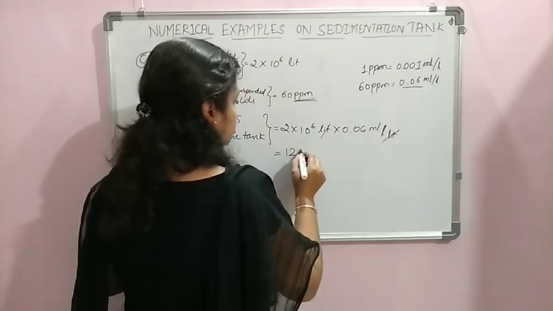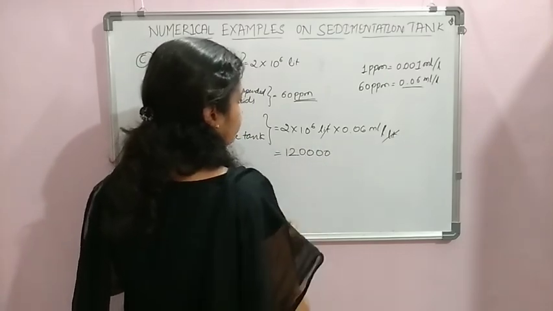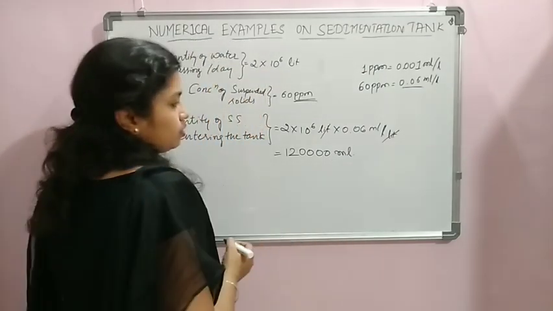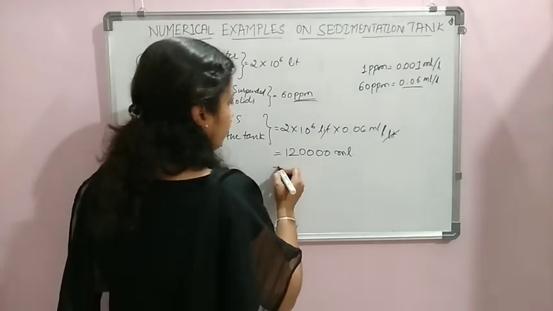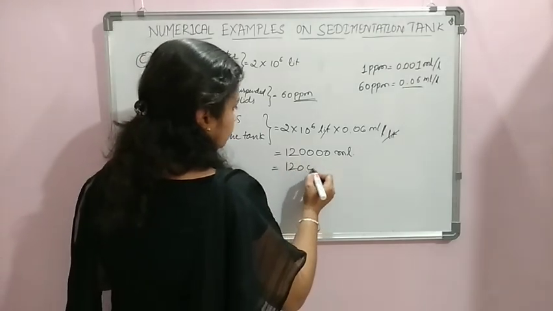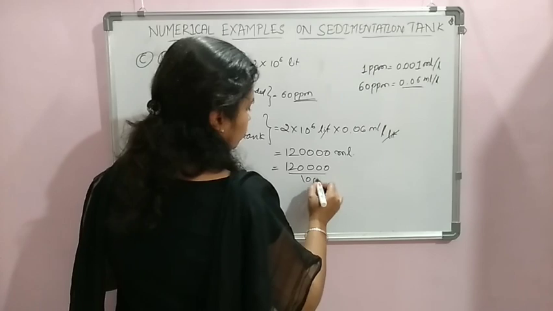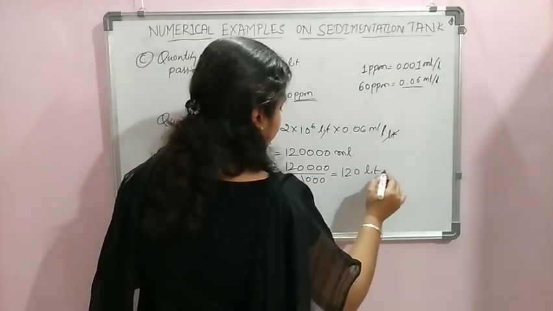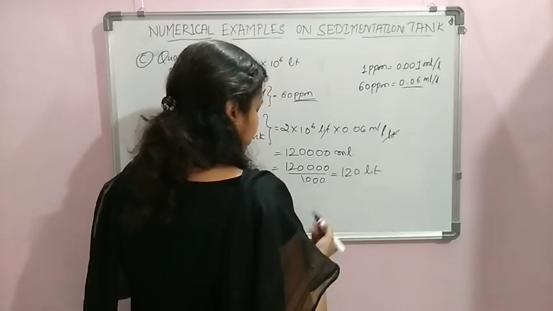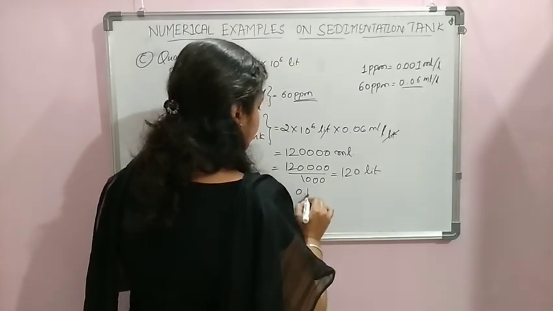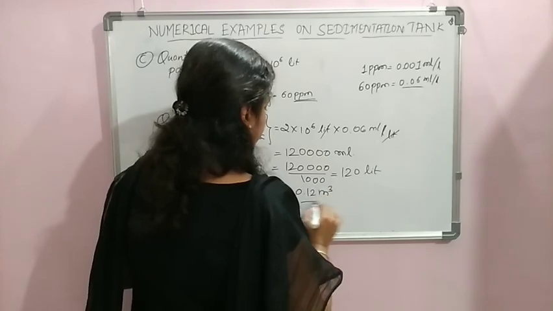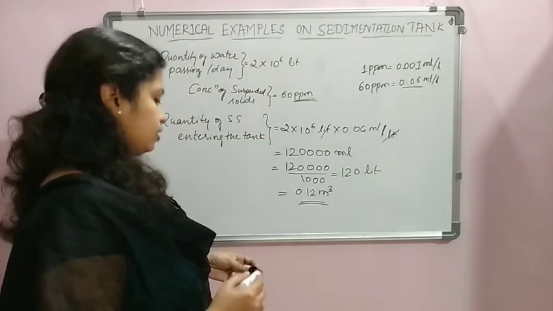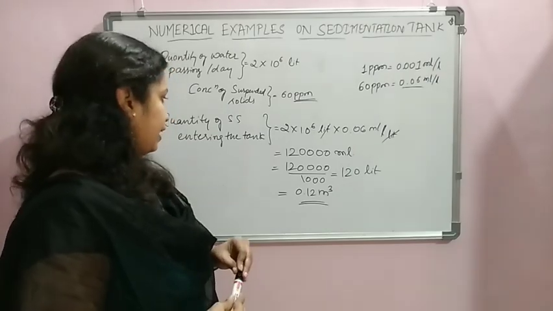The answer is supposed to be 12 into 10 raised to 4, and what is left is ml. If you divide it by 1000, the answer is supposed to be 120 liters. Let us divide it by 10 raised to 3 or 1000 again. So we will be getting it as 0.12 metre cube. So this is the quantity of suspended solids that is entering the tank.